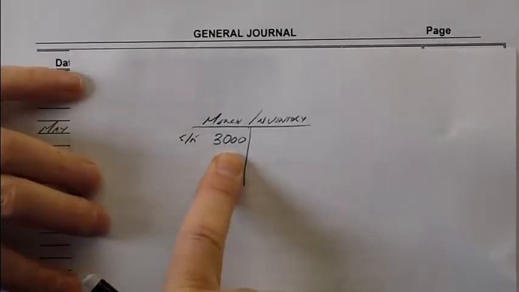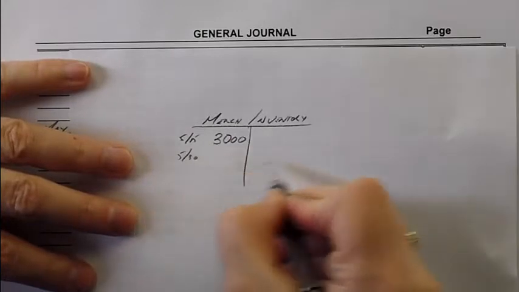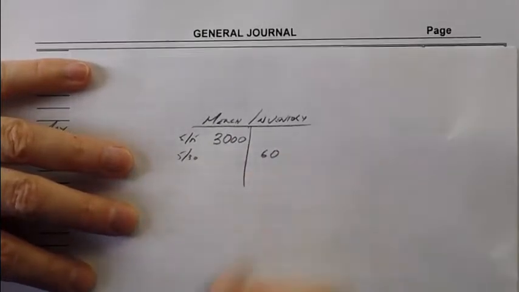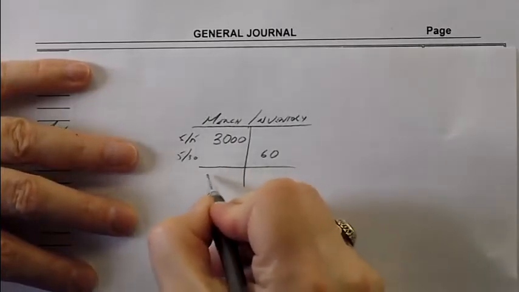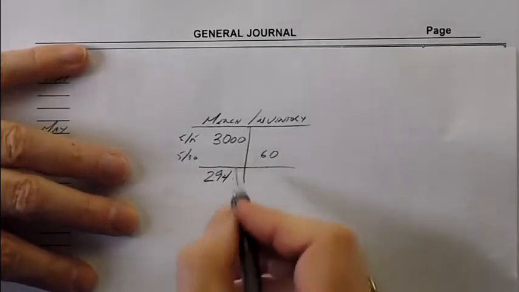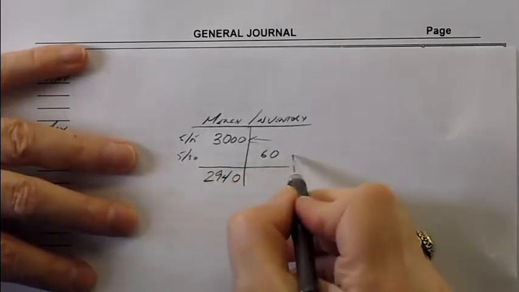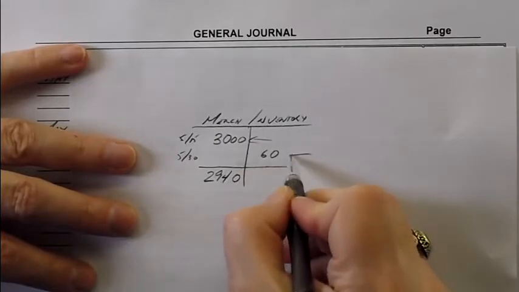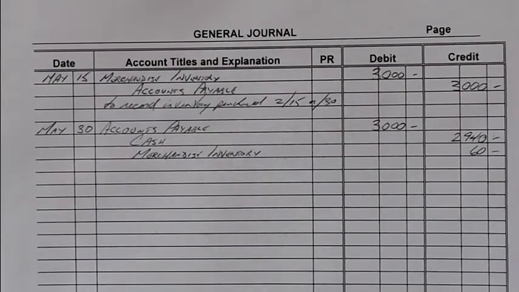But when we took the discount on May the 30th, that discount actually reduced our cost by $60, and so in fact that inventory really only cost us $2,940. The first was the transaction to put the full cost in, and on May the 30th this was part of the transaction that reduced that cost by the amount of the discount that we took.